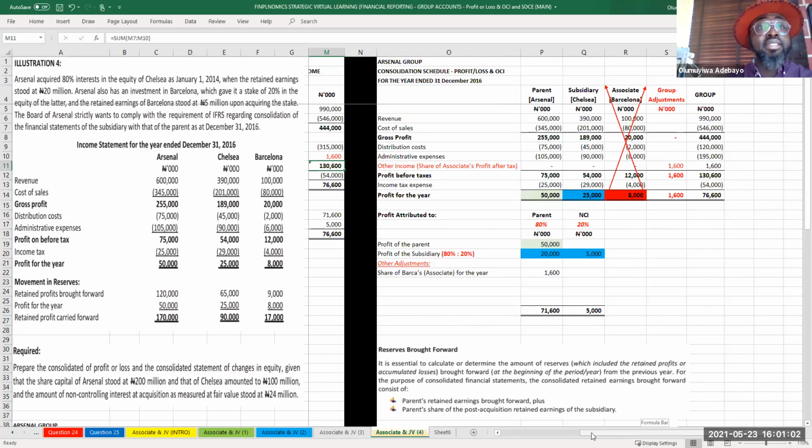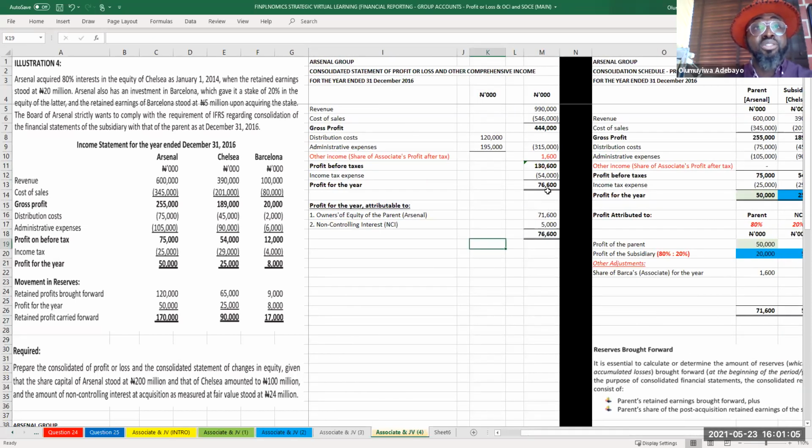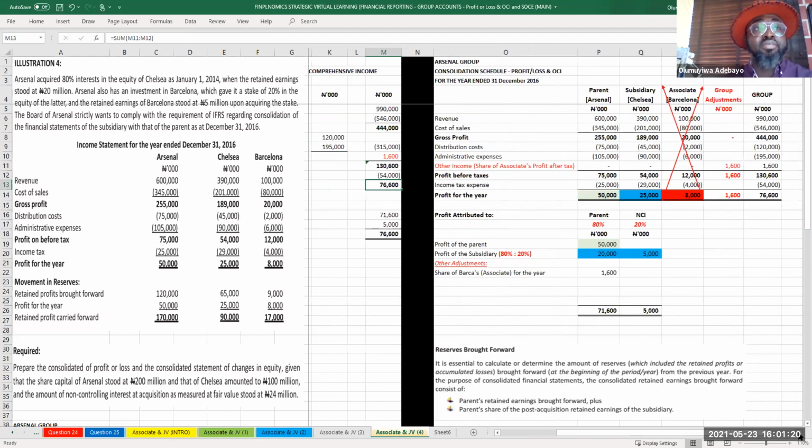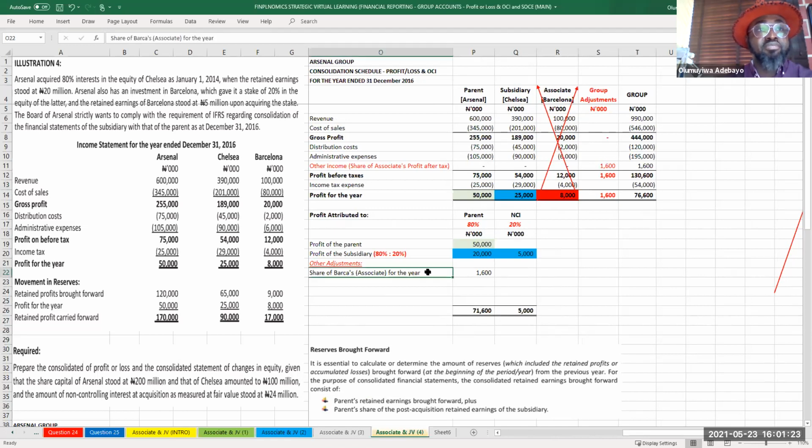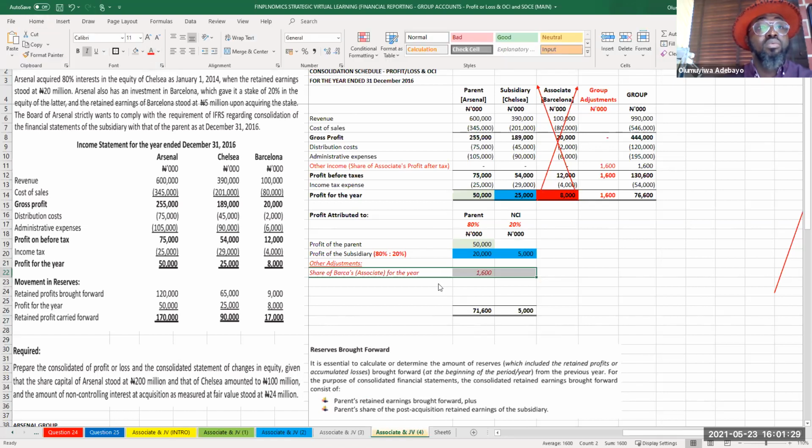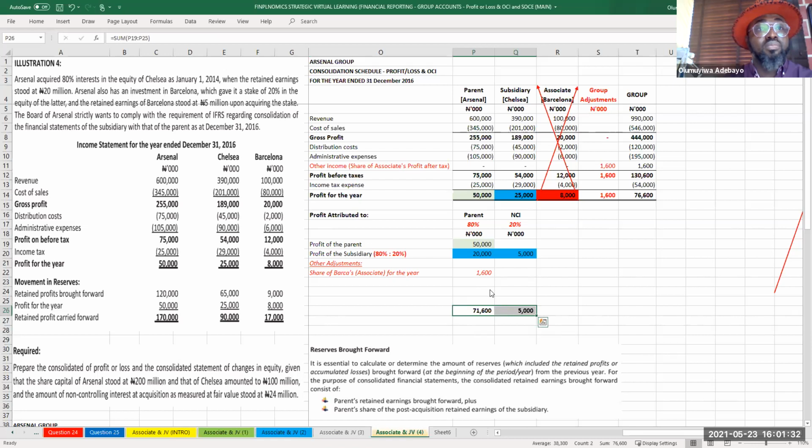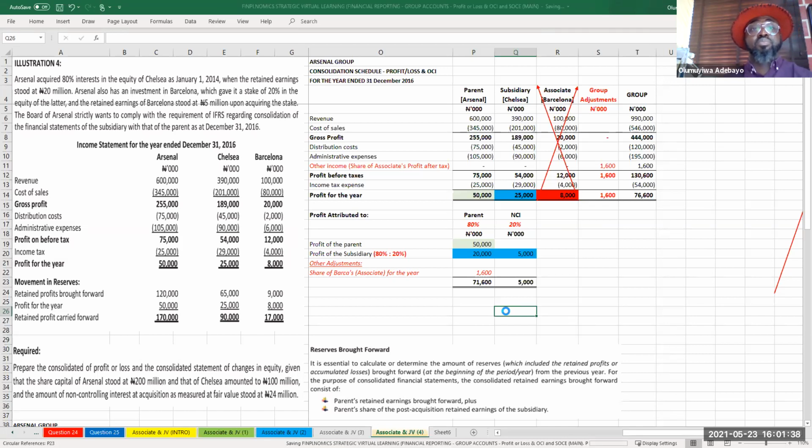At the end of the day, what you have after consolidation is 76.6 million, which is attributable to owners of equity of the parent of 71.6 and non-controlling interest of 5,000. And how we obtain that is from these adjustments that we have passed here.